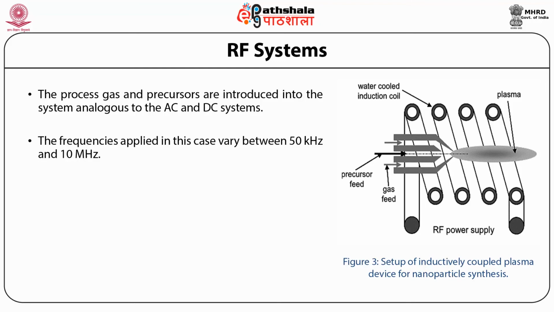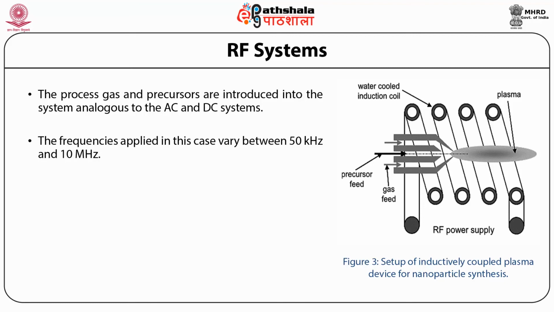The difference between AC or DC and RF systems is that the latter works without electrodes. Thus, contamination from electrodes is not an issue.